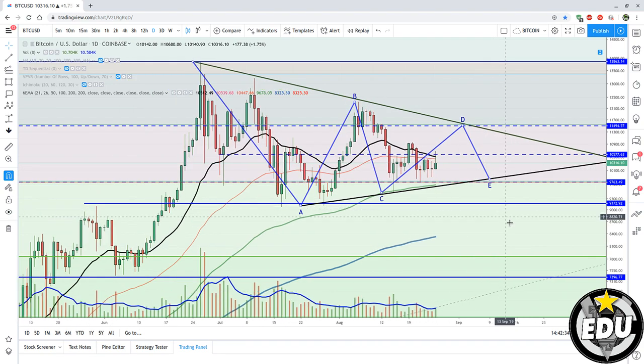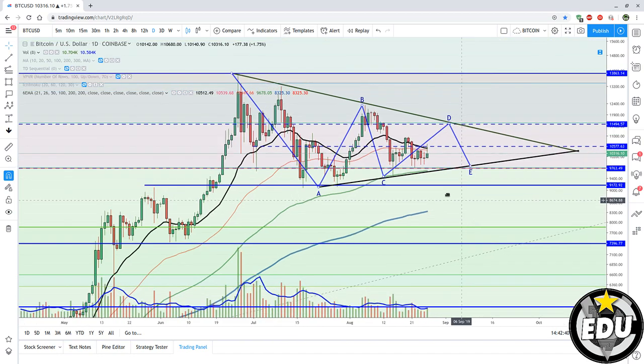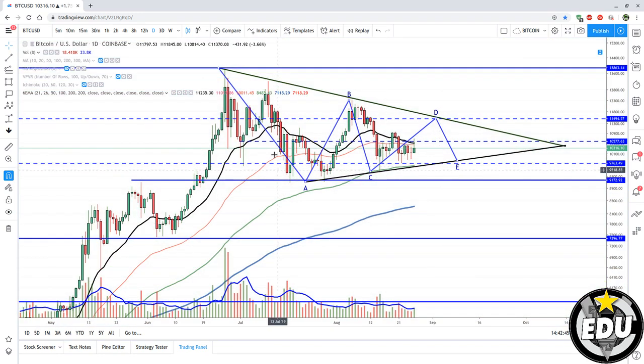We have also the moving averages that are getting together. They're about to make some bearish crosses. Let me remove these Fibonacci levels. You guys can see the moving averages here getting narrow, about to cross actually the 100 and the 50, not the 21 and the 50.